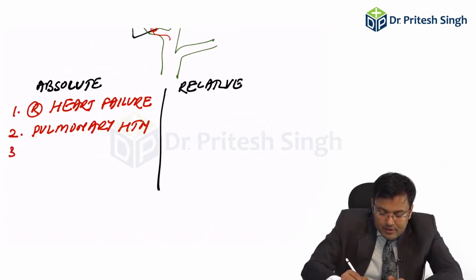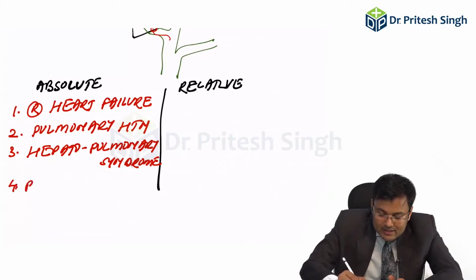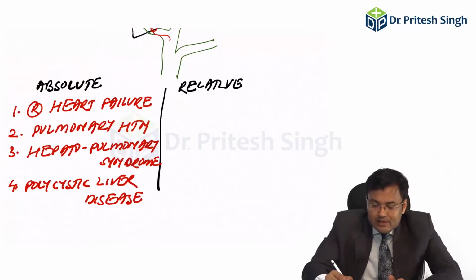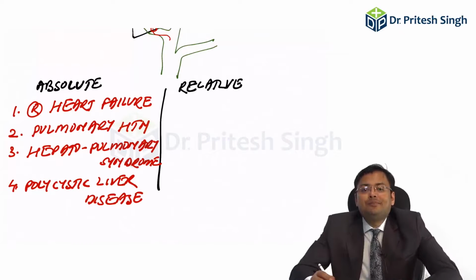Third, hepatopulmonary syndrome. And fourth, polycystic liver disease. Why polycystic liver disease? Because anatomy is distorted, leading to increased risk of injury.